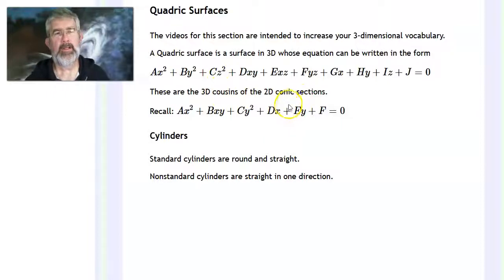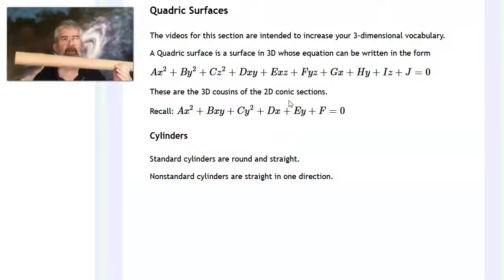Now, the first set we're going to look at are cylinders. Now, cylinders are actually a category unto themselves that overlaps with quadric surfaces. Now, you may think you know what a cylinder is. You may be right. Right? When I initially think of a cylinder, I think of a long tube.